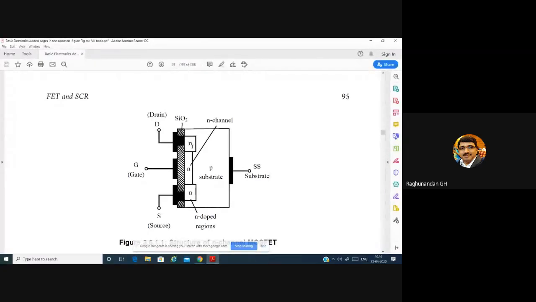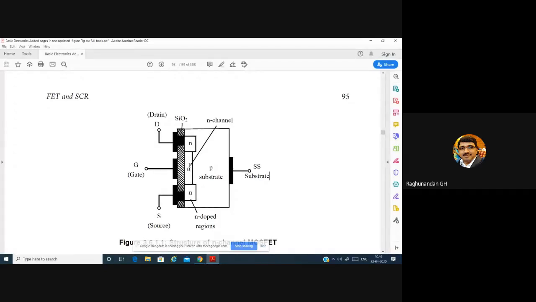A thin layer which connects the source to the drain is known as the N channel. This is the path for the electrons to flow, as I have told, from our source to our drain. So this is the path for the charges to flow from source to drain.